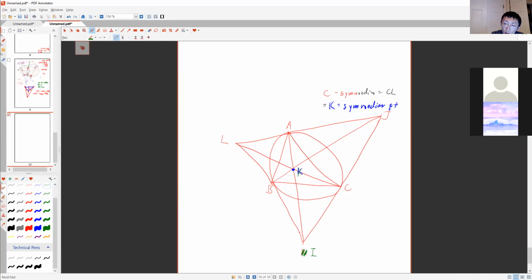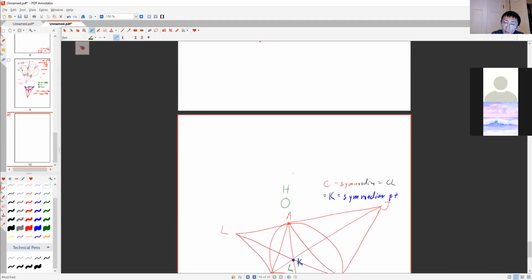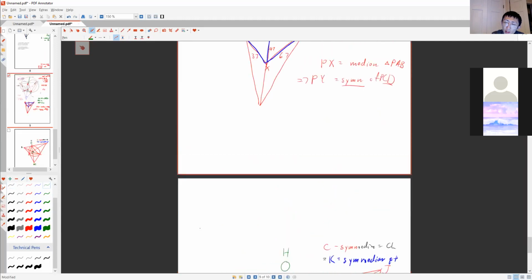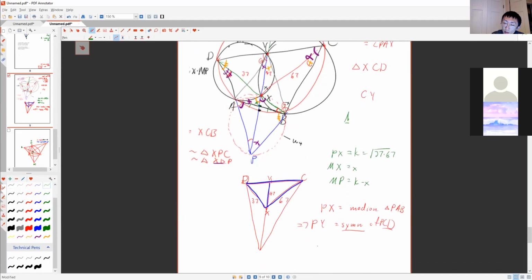You know how H is often the orthocenter, O is often the circumcenter? I think there should be a standard letter for the symmedian point, a triangle center of ABC. I forget if it's L or K, maybe L, but I used L here as well. So K or L, one of those is the standard letter for the symmedian point.